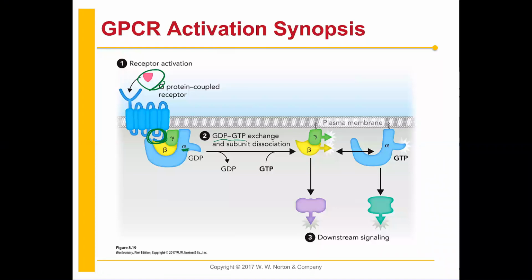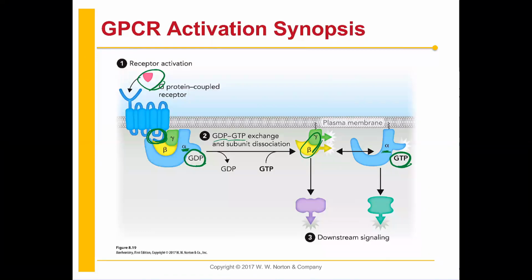So right here in the alpha subunit, we start off with GDP, we're going to end up with GTP. When that conversion occurs, basically the trimer dissociates. And so now we have an alpha subunit, and then we have a beta gamma subunit, okay?